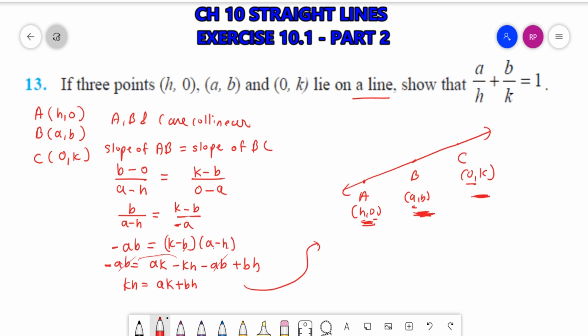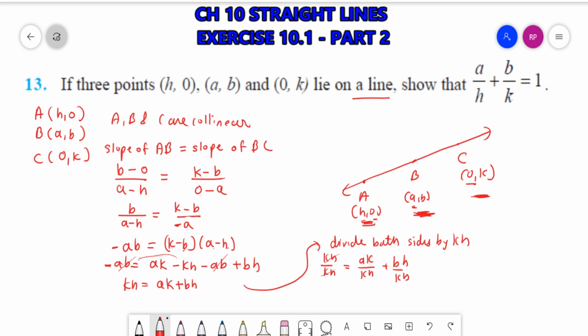Now let's divide both sides by kh. kh by kh equals ak by kh plus bh by kh.